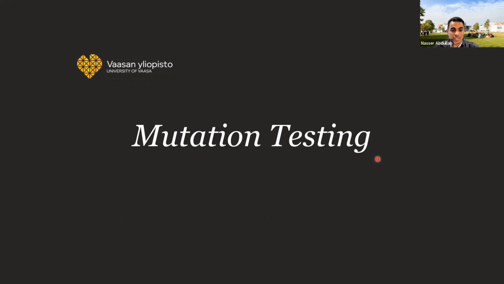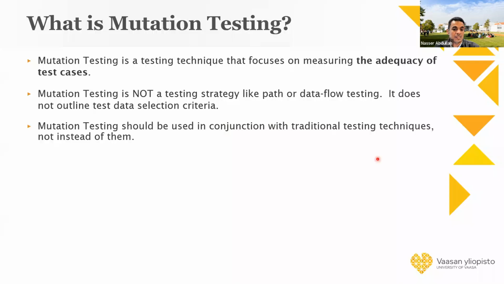If you detect that fault that you made, it means that you kill it, so your test case is okay. If you don't detect that error or that mutation, it means that you need more test cases.